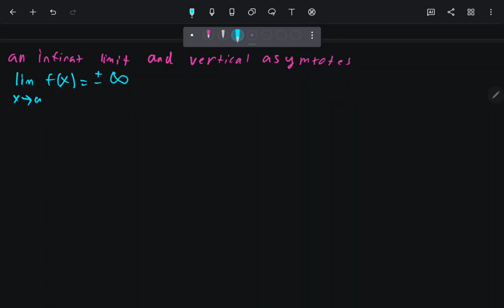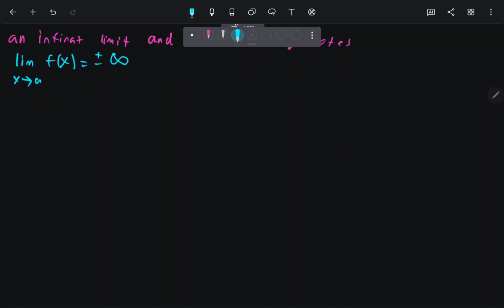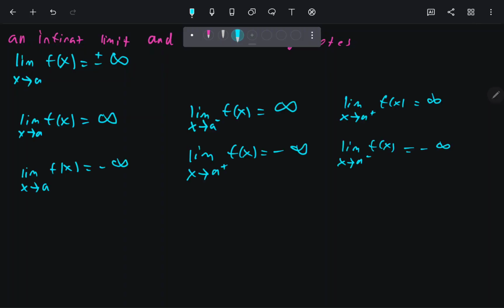Well, what do these infinite limits really tell us about the graph of f of x? I'm going to give you several cases here. Give me one moment. What you'll see is if any of the following of these are true, then there's going to be a vertical asymptote of f of x at said point.